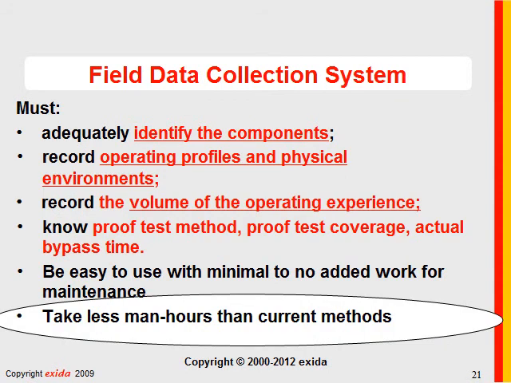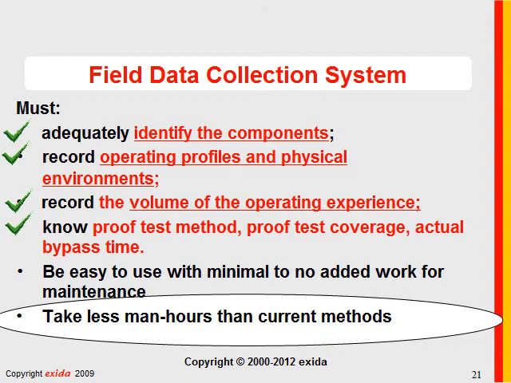A good field data collection system must adequately identify components, record operating profiles and physical environments, record the volume of operating experience, know any proof test method and the estimated proof test coverage, and, for accurate calculations of PFD average, you must track actual bypass time if the safety function is disabled during a proof test.